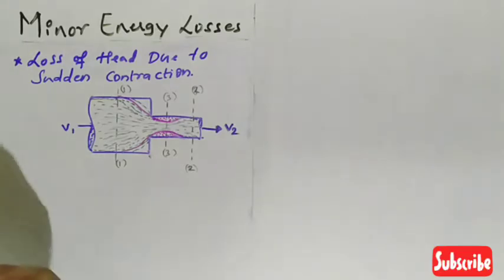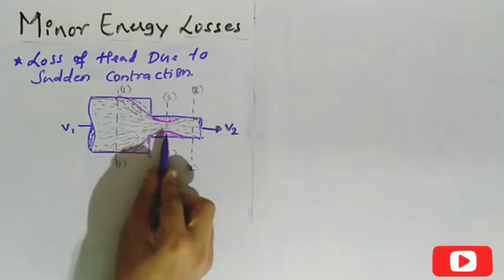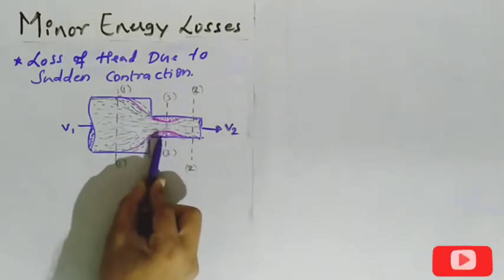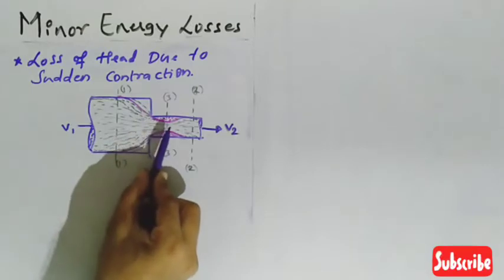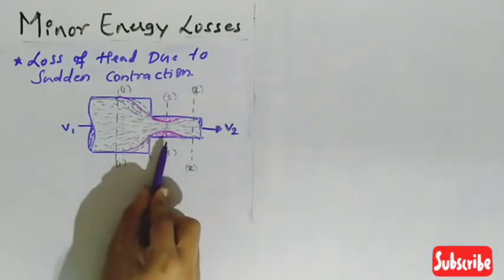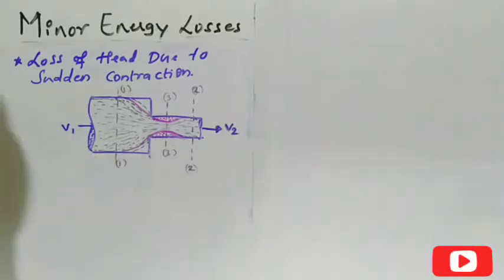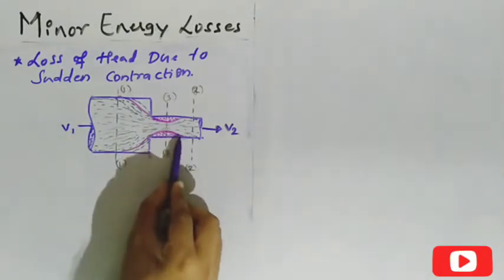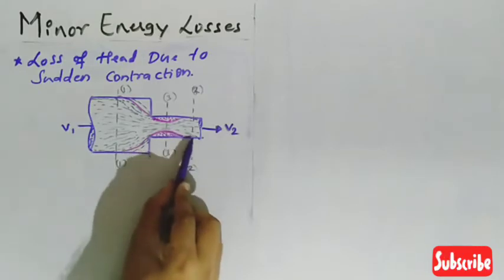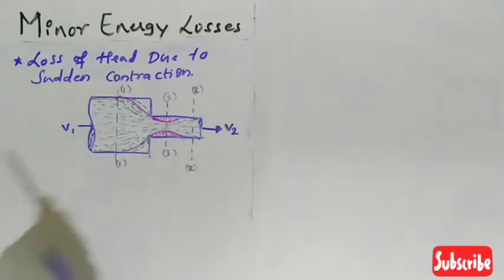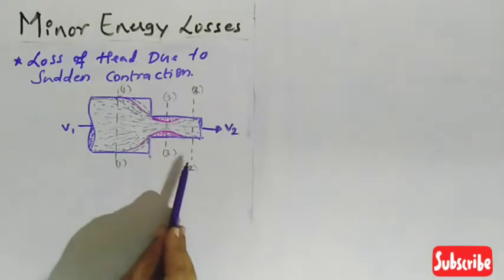The loss of head from section 1 to 3, the sudden contraction, is considerable, but the maximum loss occurs when the flow enlarges between section 3 and 2.